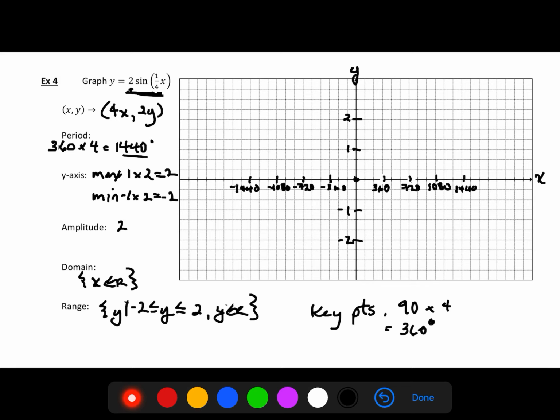So starting at 0, 0, first key point is at 360, max of 2, 720 and 0, 1080 and -2, and so on. And again, thinking about our key points as we go to plot these fairly quickly. Okay, so we have our graph of y equals 2 sine 1/4 x.